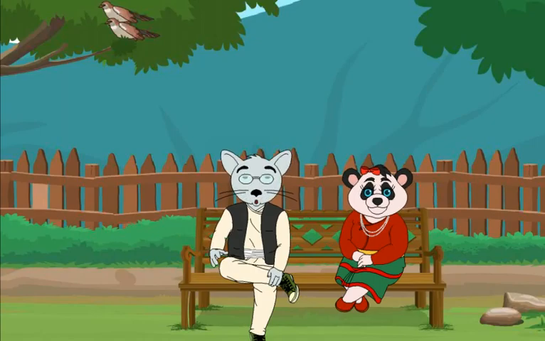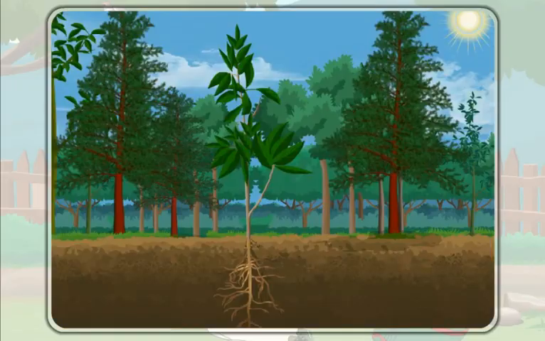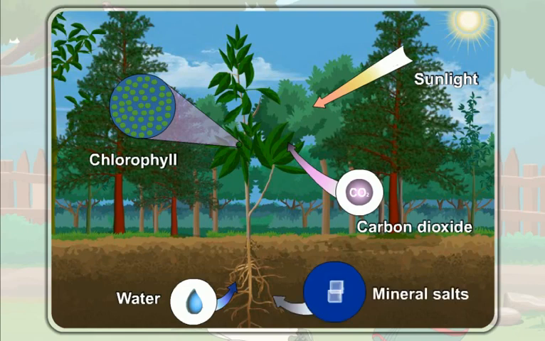Students, one more time, tell me the different materials a plant needs for photosynthesis. Water, carbon dioxide, chlorophyll, sunlight, and mineral salts.